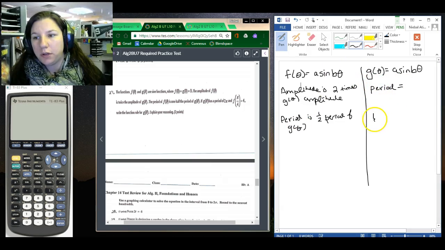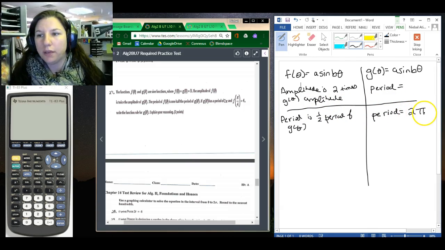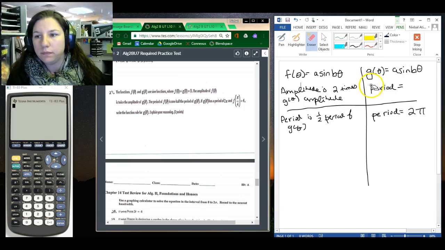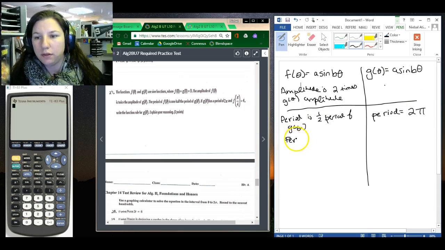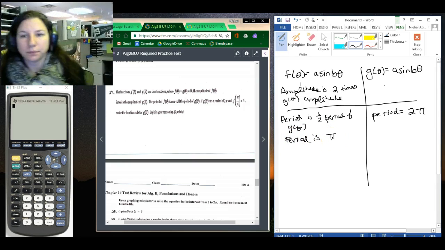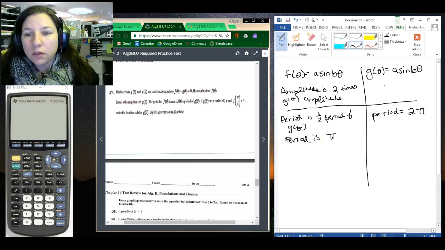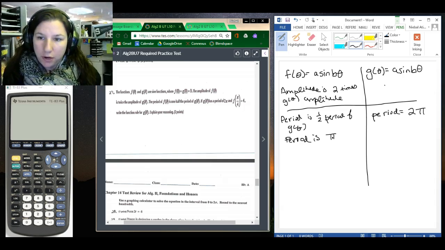Its period, let's put it down here so they're kind of lined up, is 2 pi. So that means that this one has a period of half of that. Half of 2 pi is pi. So g of theta has a period of 2 pi, so f of theta's period is just pi.